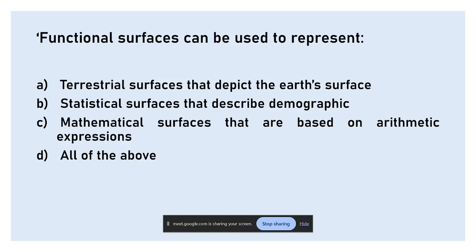Functional surfaces can be used to represent which of these? Terrestrial surfaces that depict the Earth's surface, statistical surfaces that describe a demographic, mathematical surfaces that are based on arithmetic expressions.